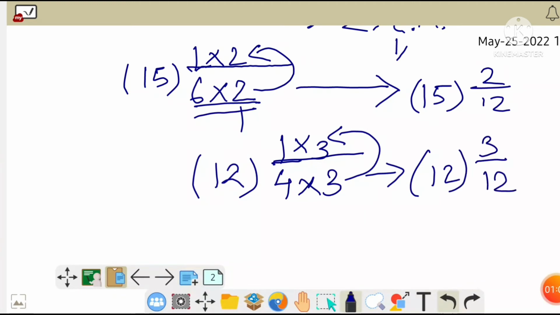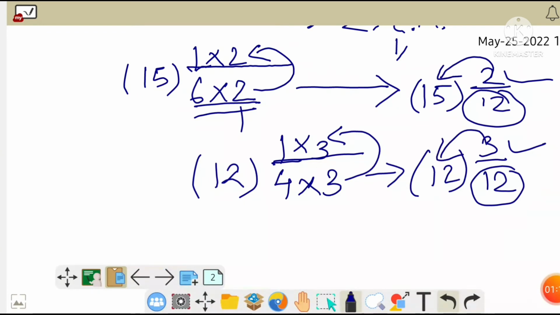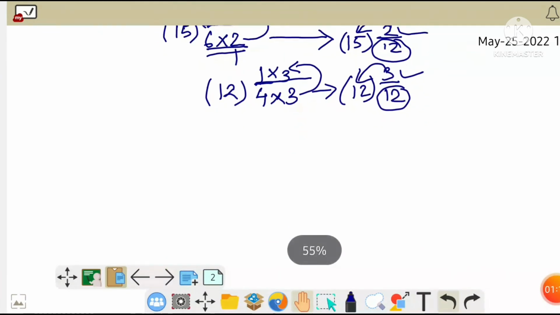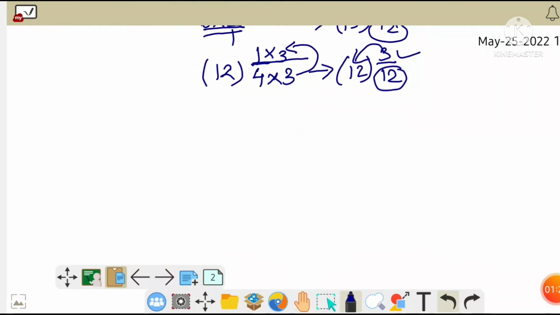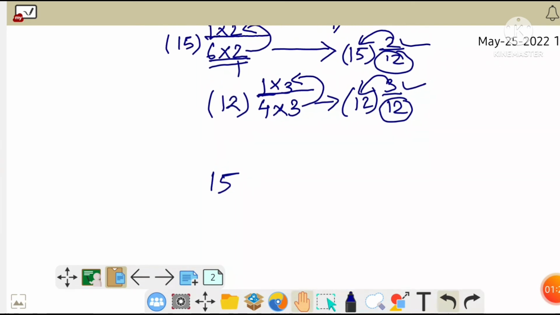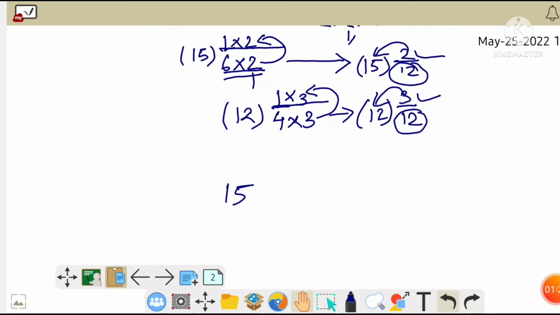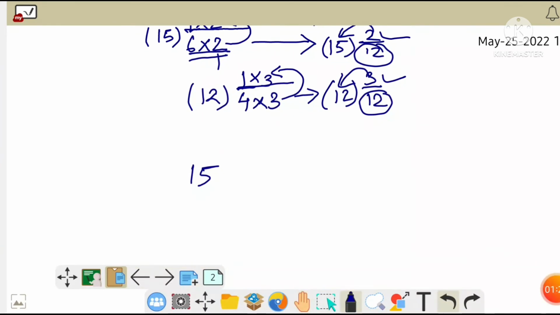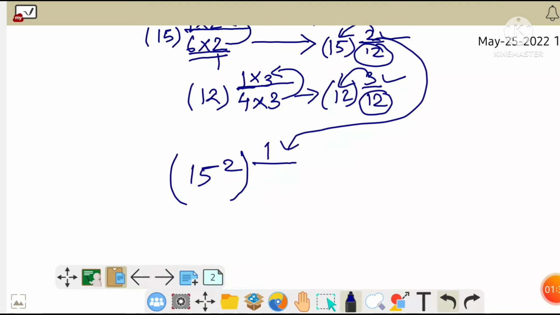Now you can see that we have made the denominators equal, but the numerators are not equal. So for making them equal, we'll take the numerators inside the bracket. Now we'll have 15 square, 2 will go inside, 15 square whole to the power 1 by 12.